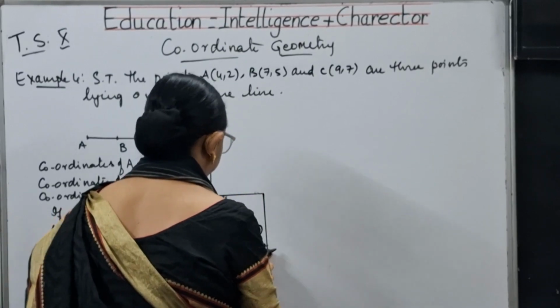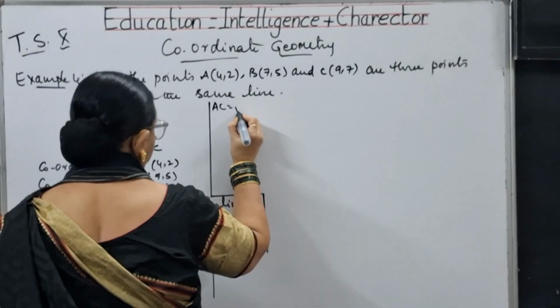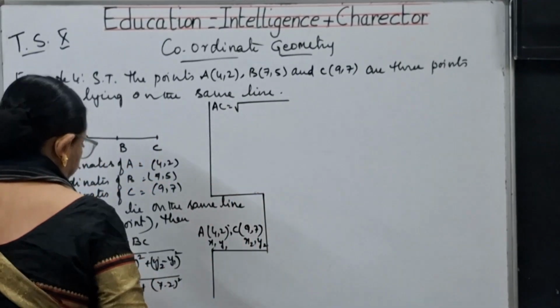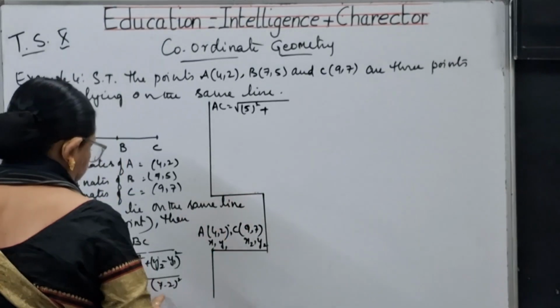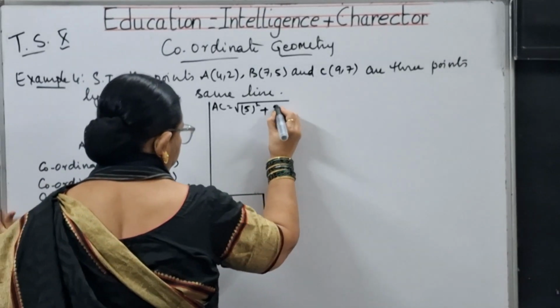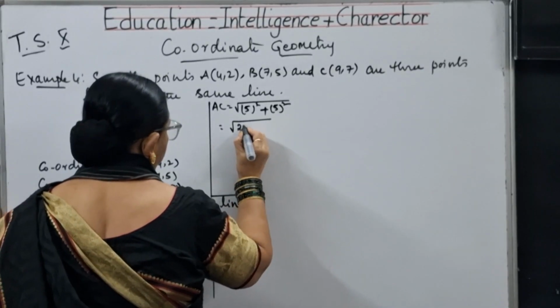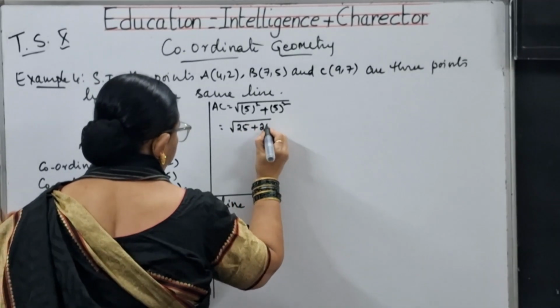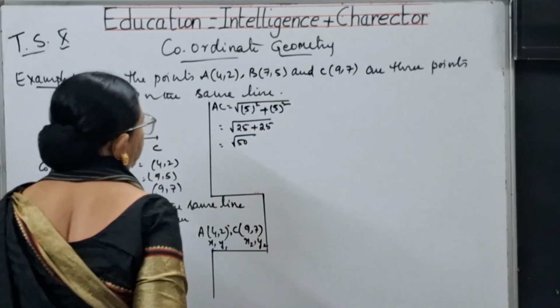AC is equal to root of (9 minus 4 is 5) whole square plus (7 minus 2, this is also 5) whole square. That is root of 25 plus 25, that is root of 50.